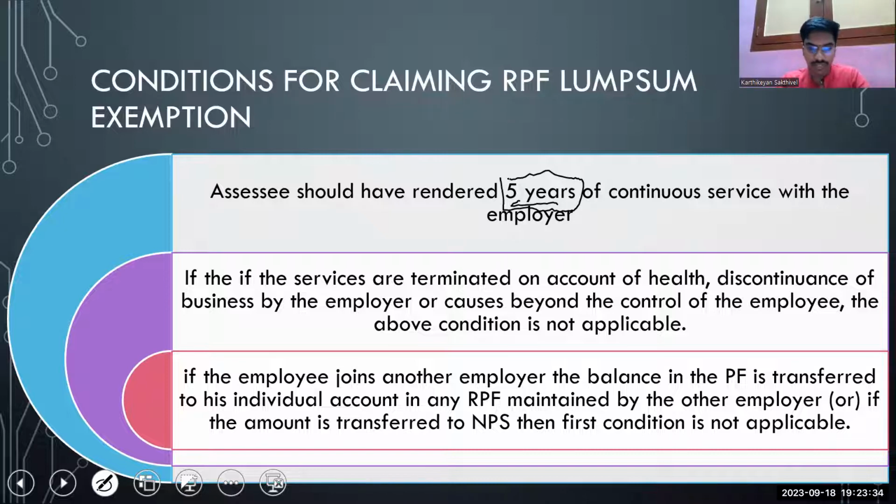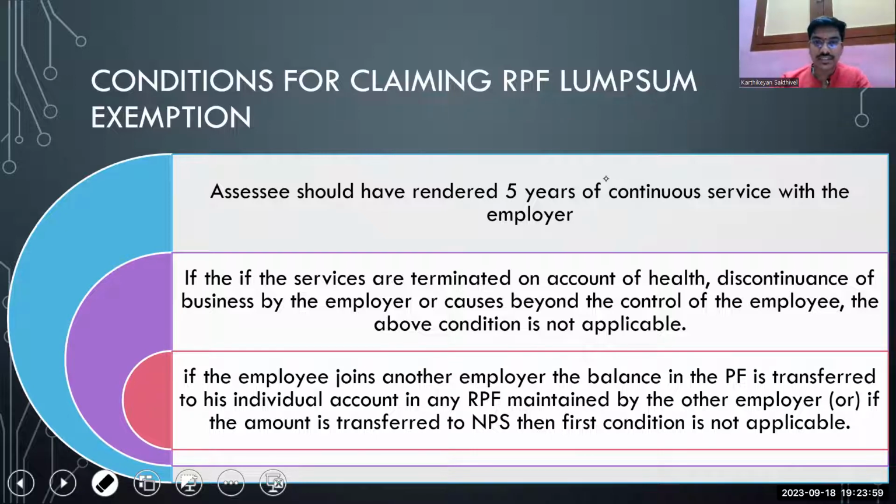That is given in point number 3. If the employee joins another employer, the balance in the PF is transferred to the individual account in any of the RPF maintained by the other employer, or if the amount is transferred to NPS, then the first condition is not applicable. Let me put it again. For the lump sum payment to be exempt from tax, the assessee should have rendered 5 years of continuous service.